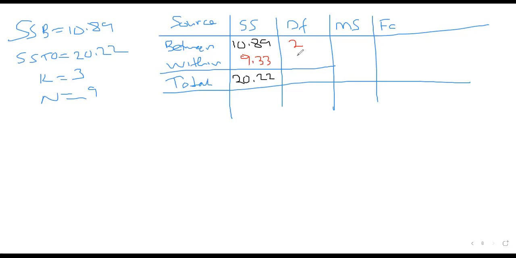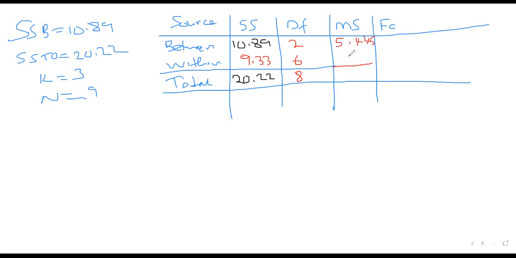Then for the mean of squares, we get 10.89 divided by 2, which is 5.445.